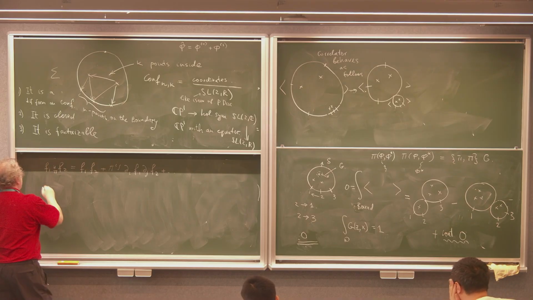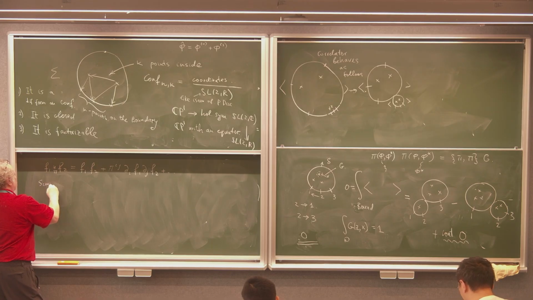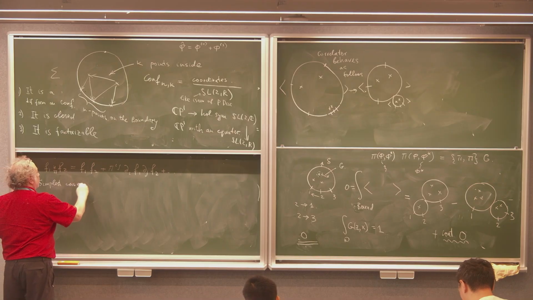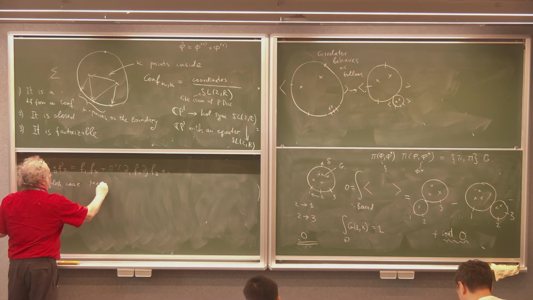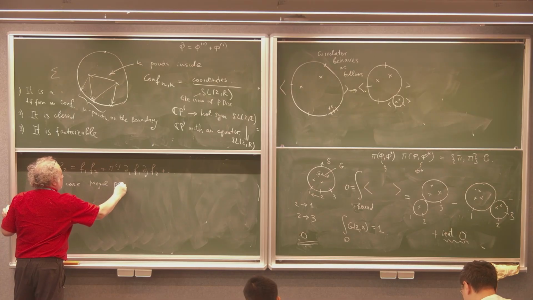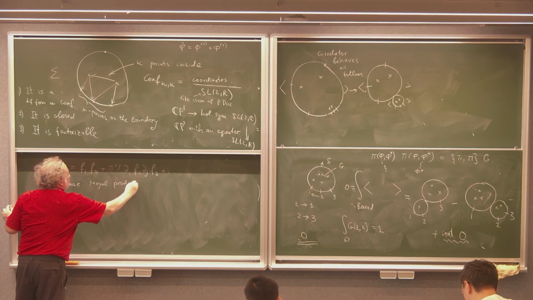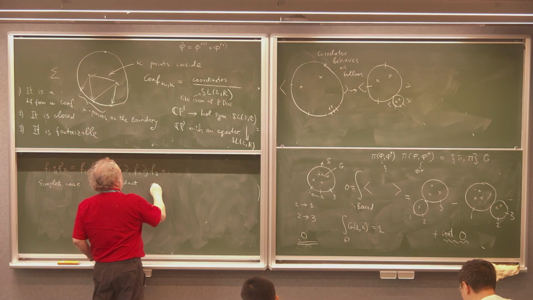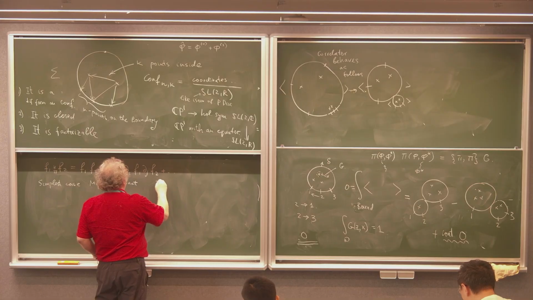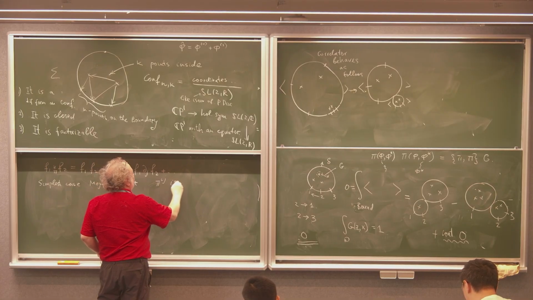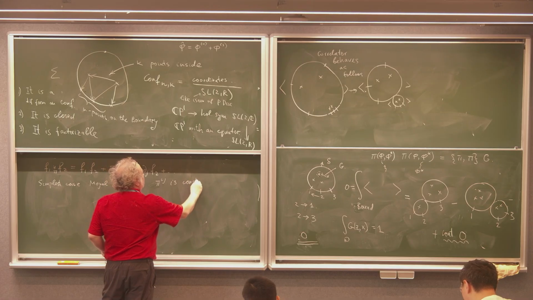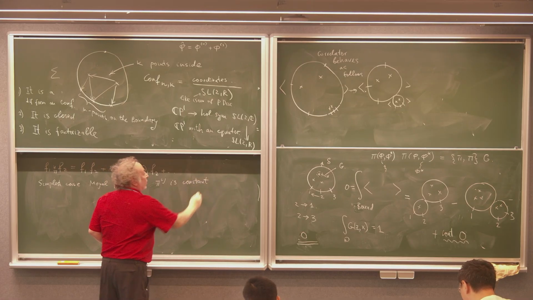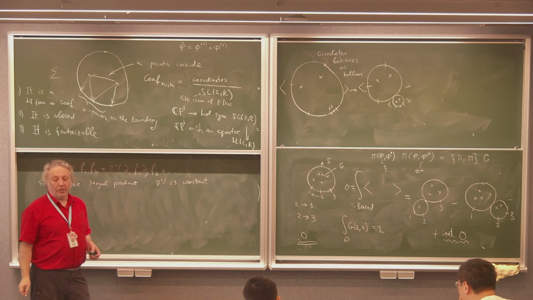The simplest case is the so-called Moyal product. For the Moyal product, pi^{ij} is constant. And being constant solves the Poissonian equation.